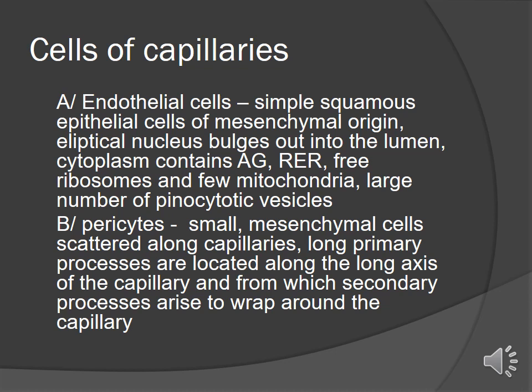The second type, pericytes, are found around capillaries and venules, and they are undifferentiated mesenchymal stem cells. Pericytes share the capillary basal lamina and form gap junctions with the endothelial cells.